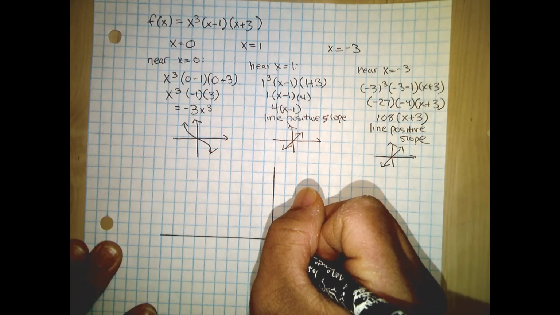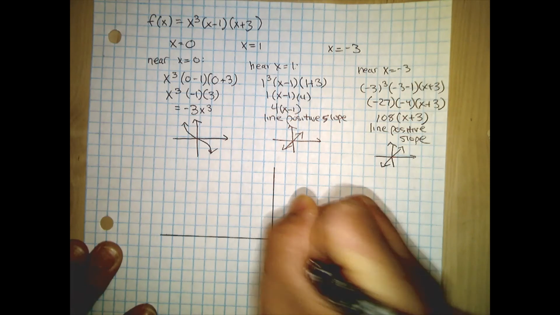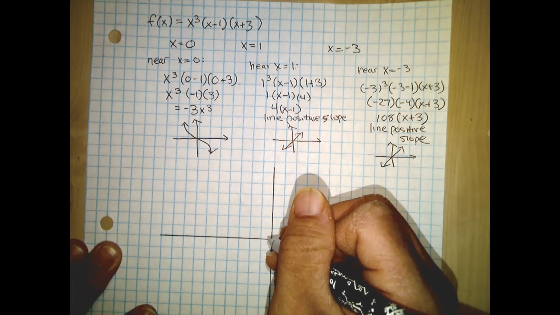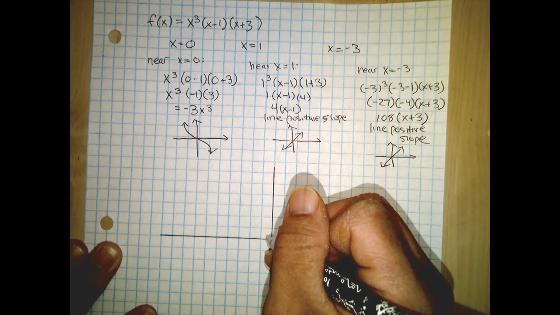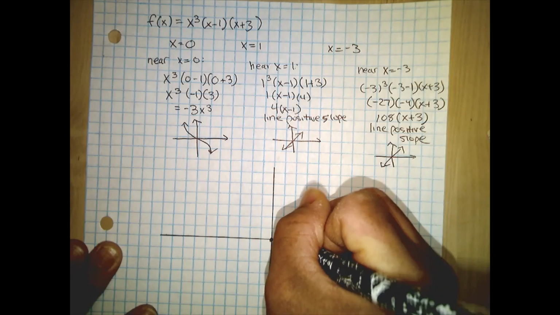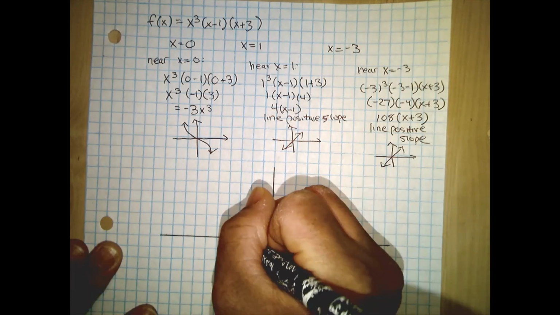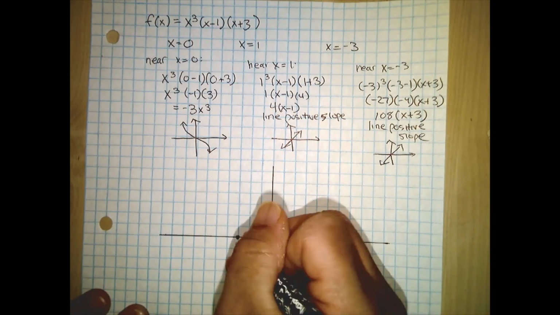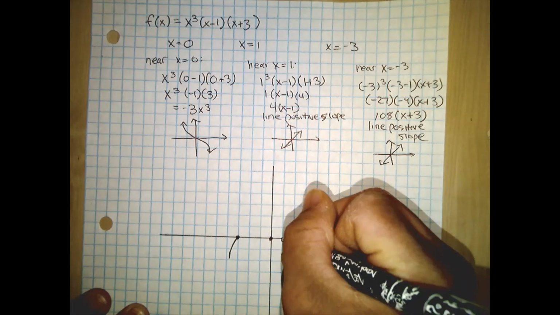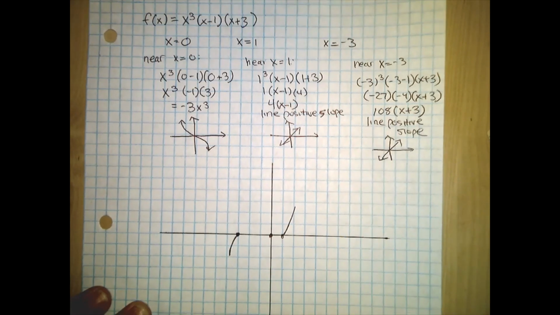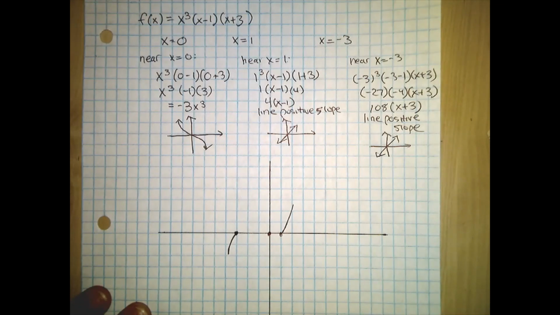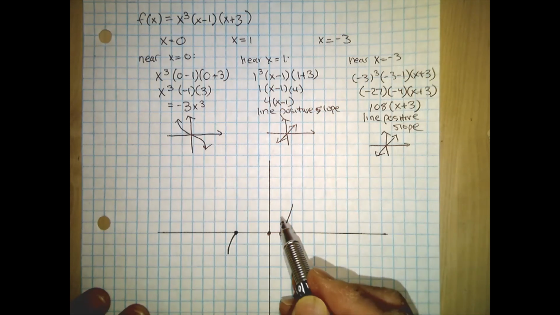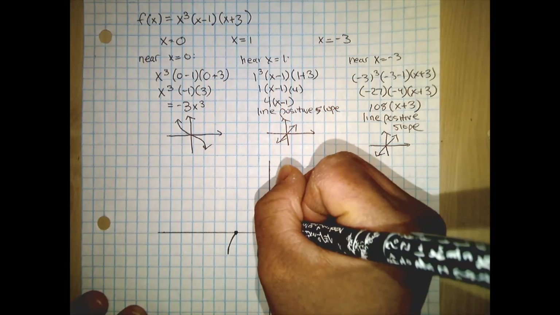We had (0, 0), an x-intercept of 0, a y-intercept also of 0, an x-intercept of 1, and an x-intercept of negative 3. And then I knew the end behavior looked like this. And then near x equals 0, we crossed the x-axis, but it sort of looked like this.